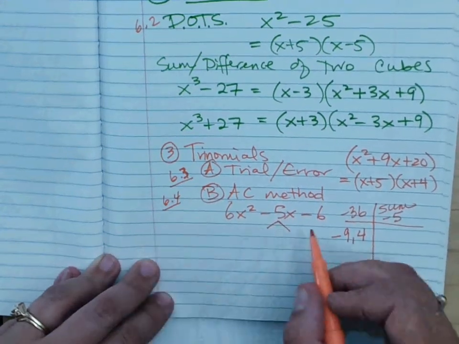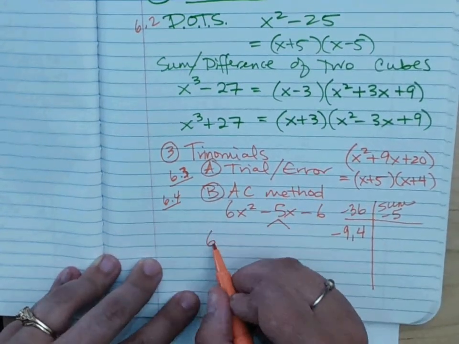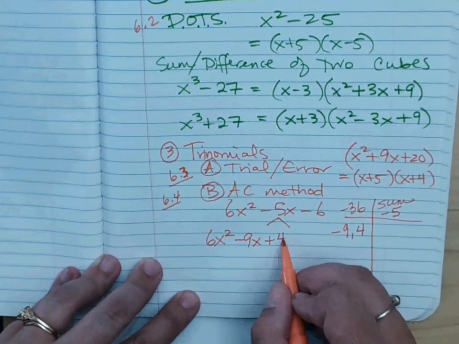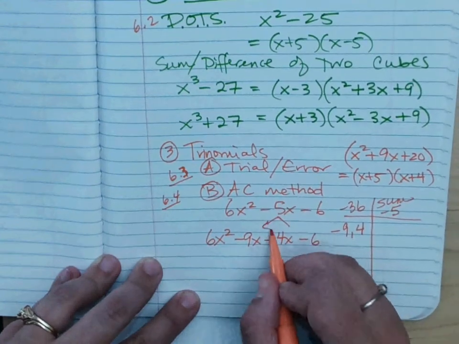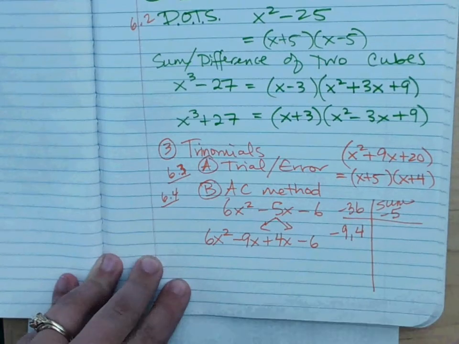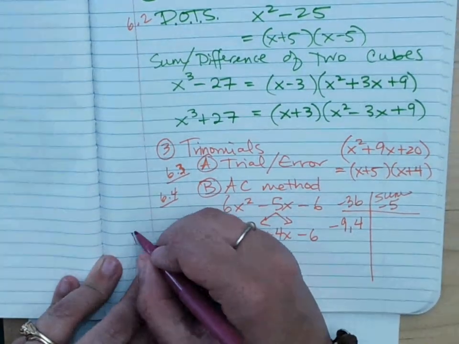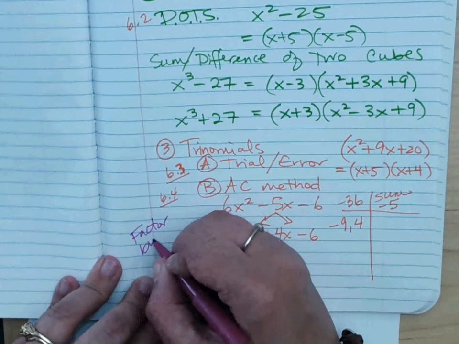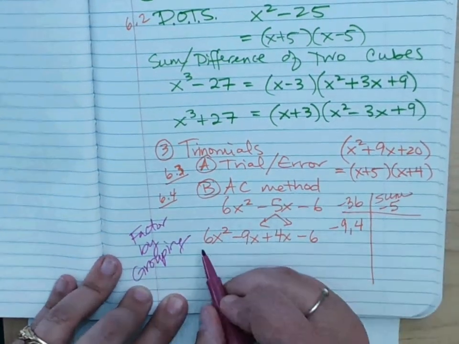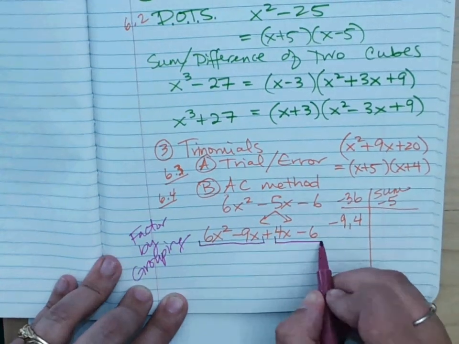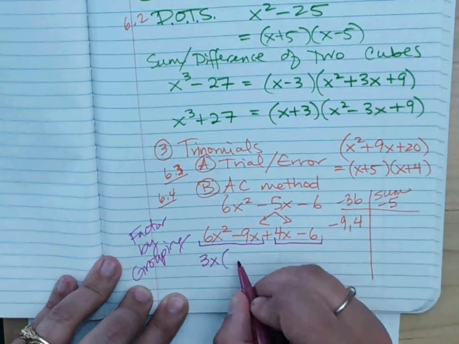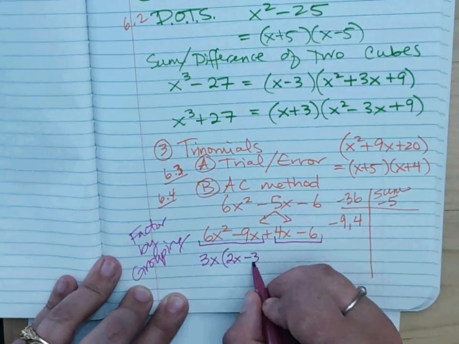While we're talking about the AC method, we're really learning factor by grouping. Minus 9x plus 4x minus 6. We broke up the middle, and this part that I'm doing next is when you have a polynomial with 4 terms, we do factor by grouping. What's the greatest common factor of the first two? 3x, 2x minus 3. Good.